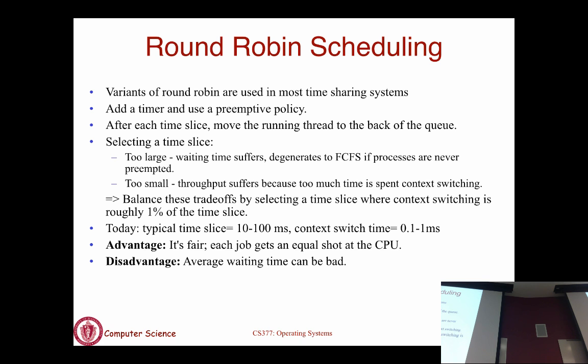For every 1 millisecond of useful execution, you are wasting 1/10 of a millisecond doing bookkeeping and switching between processes. So that's a 10% tax that the OS is paying for simply running processes.